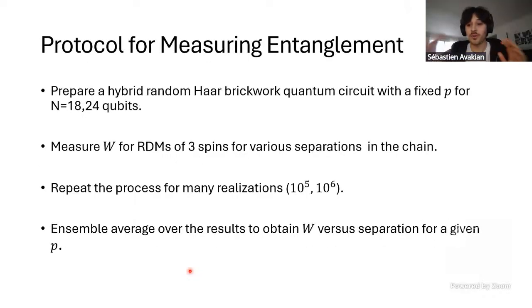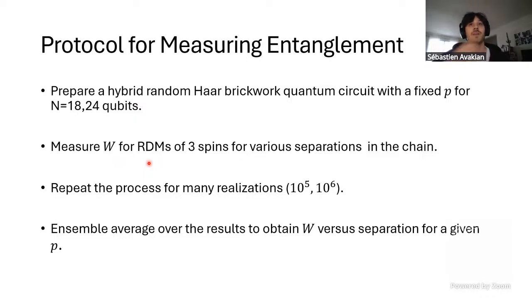All right, so how are we going to proceed and actually study the entanglement in these circuits? This is the protocol that we're going to follow. We're going to create our Haar circuits, fix a value of P for the circuit, and choose 18 and 24 qubits. We're then going to evolve the circuit and obtain the reduced density matrix for 3 spins for a specific configuration that I'll show in a second.